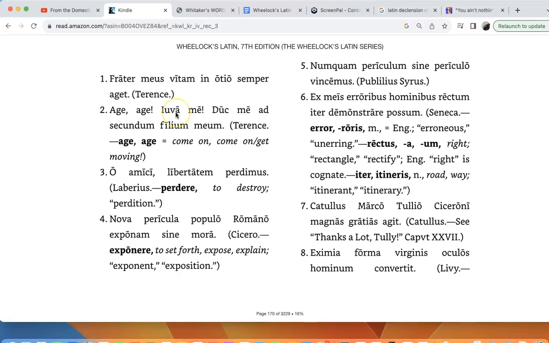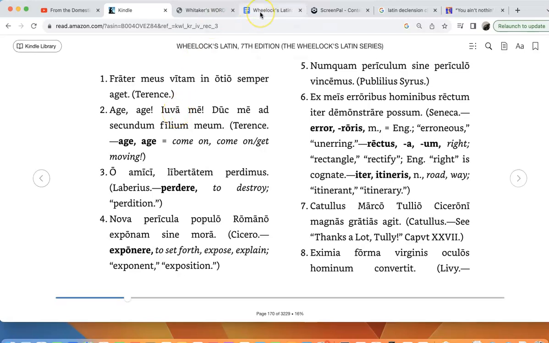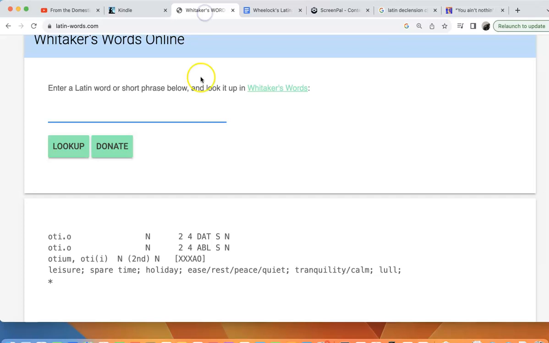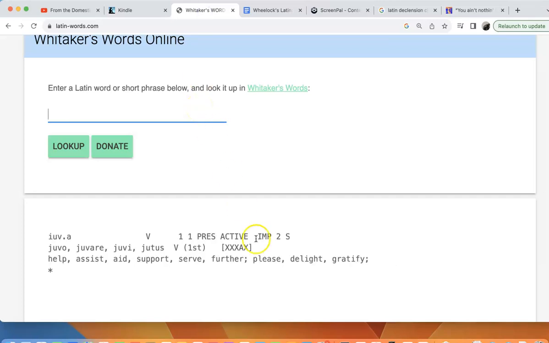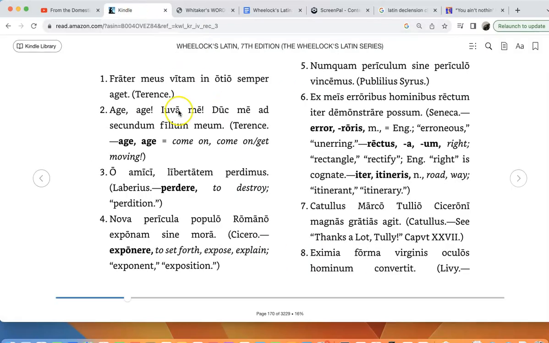Also, iuva is imperative. Once again, if we're not sure about the vocabulary, so this is iuvo, iuvare, but you can see here, this is present active imperative. Classical Latin did not have a J. Later it did. But you can see some various translations for this. You have to use the context to choose the best one.